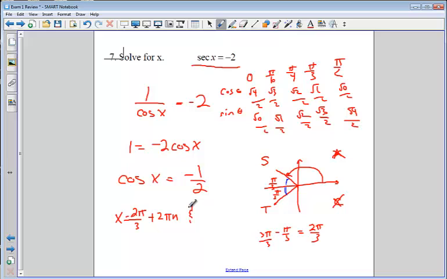And then the other angle occurs right here, so it goes from here all the way around to right there, and so that's pi plus pi over 3. I find a common denominator, and this is then 4 pi over 3. And so I get 4 pi over 3, plus again any multiple of 2 pi, so 2 pi n. N is an integer, so it's 0, 1, 2, 3, 4, negative 1, negative 2, negative 3, negative 4, and so on.